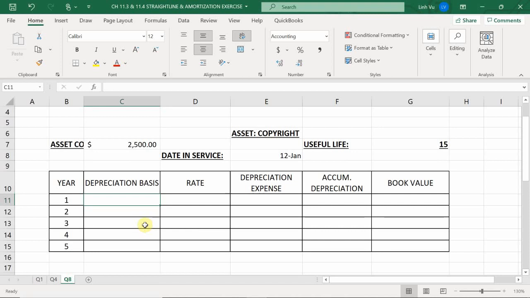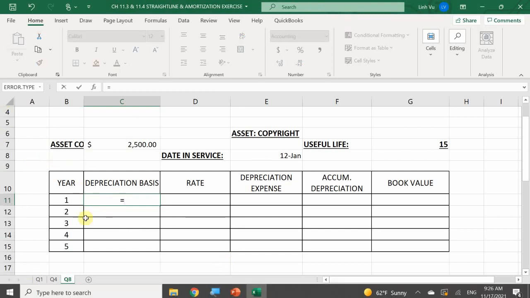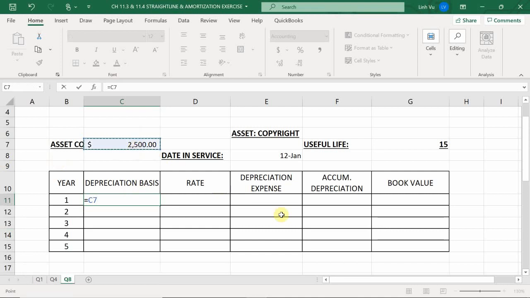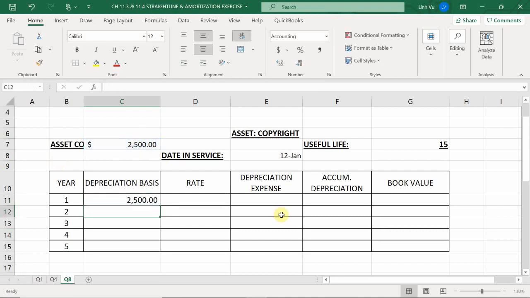Correct. So in this case, what's my basis going to be? 2,500. It's going to be 2,500 because in this case, it's the cost of the asset. Okay? What's my rate going to be?